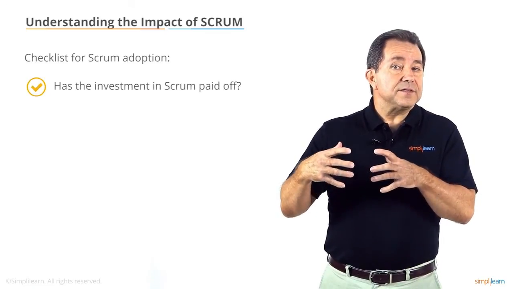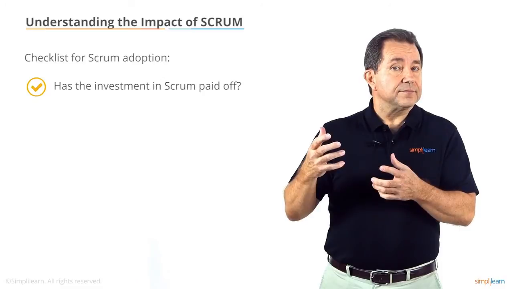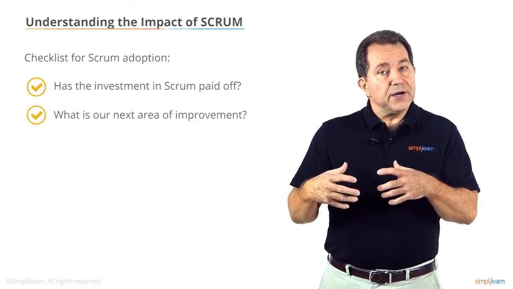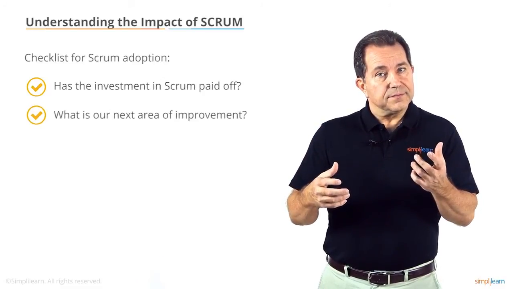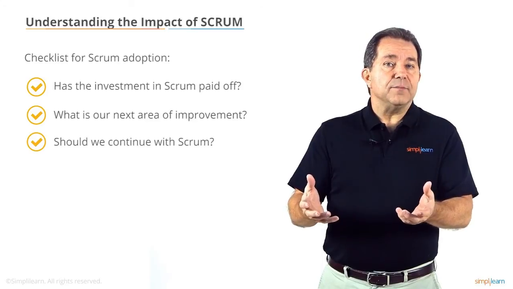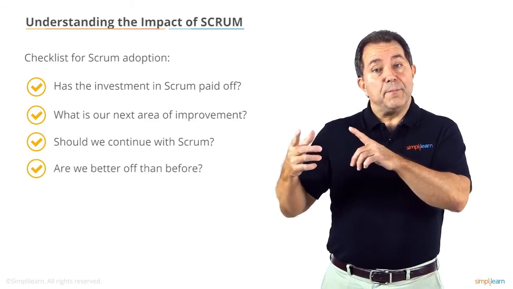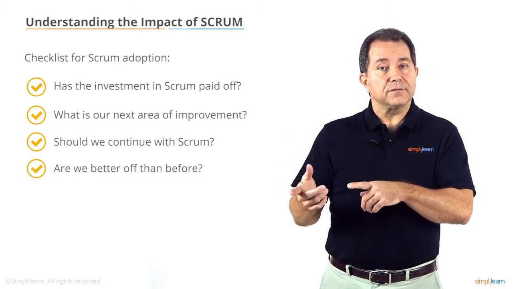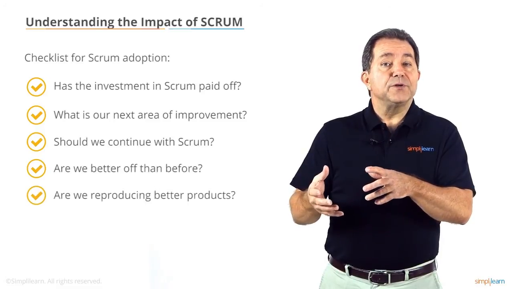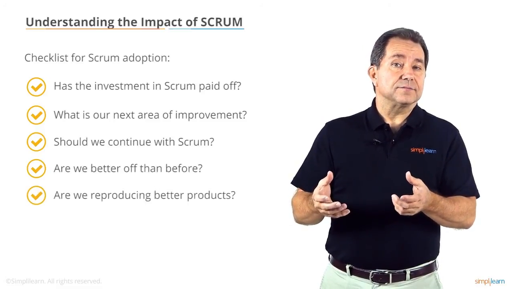So it's going to be helpful to be able to definitively answer some key questions like, has the investment in Scrum paid off? What is our next area of improvement? Should we continue with Scrum? Are we better off than before? Are we producing better products?